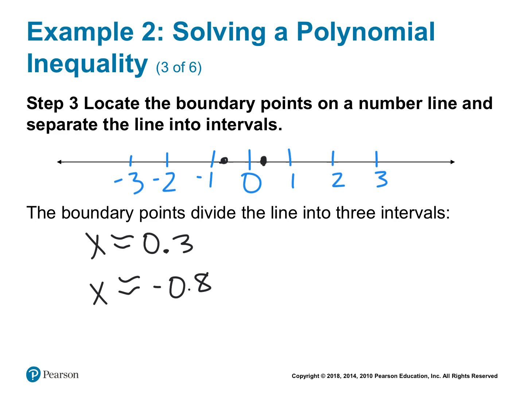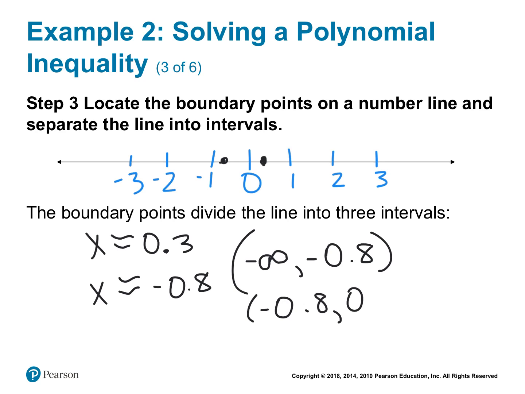So our three intervals would be, first one is negative infinity up to negative 0.8, or you could put the radical form. Then we have between negative 0.8 and 0.3. Then we have 0.3 to infinity. So if they say to leave in radical form, you'd have to be using the radicals we had on the previous slide.